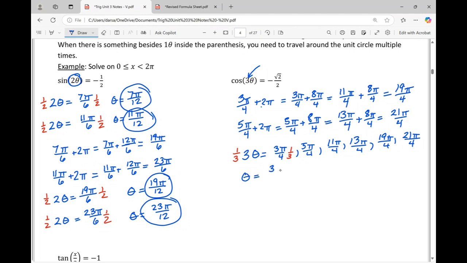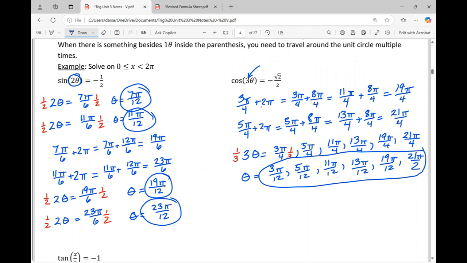Theta is 3 pi over 12, 5 pi over 12, 11 pi over 12, 13 pi over 12, 19 pi over 12, and 21 pi over 12. So the answers that I would plug in for theta are these 6 answers.